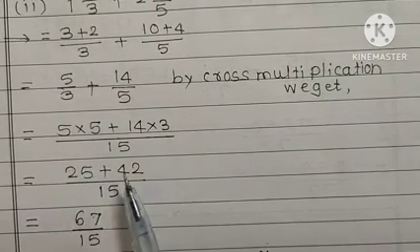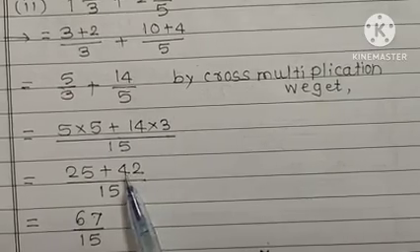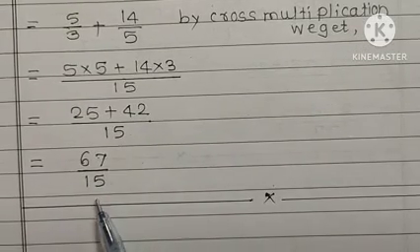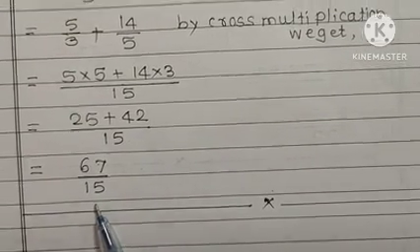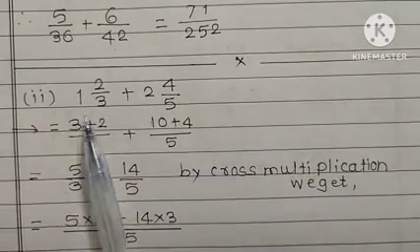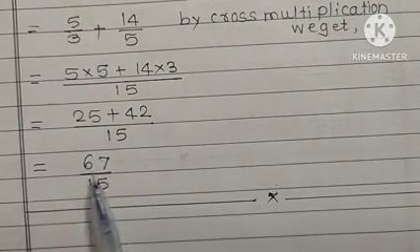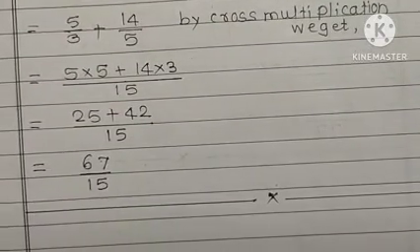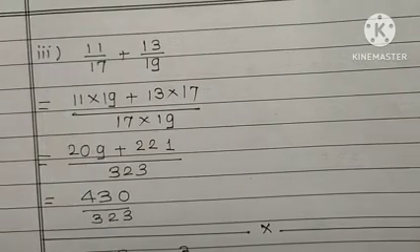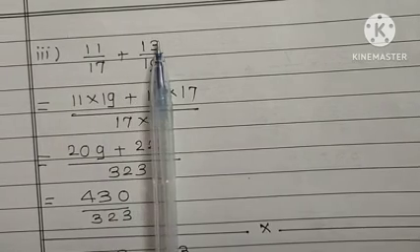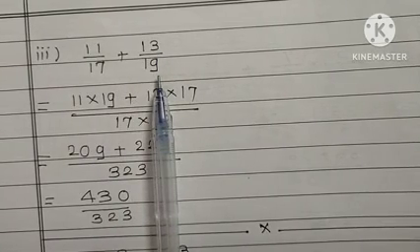Now 25 plus 42, this addition is 67 upon 15. In this way, the addition of these two numbers is 67 upon 15.